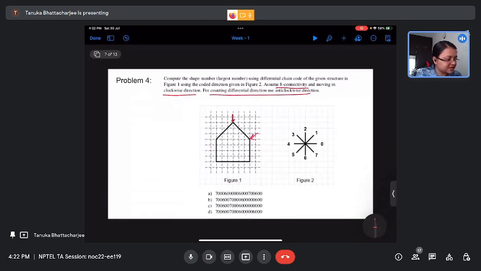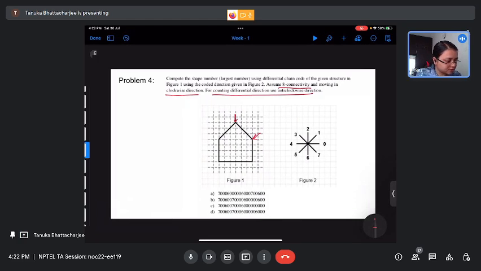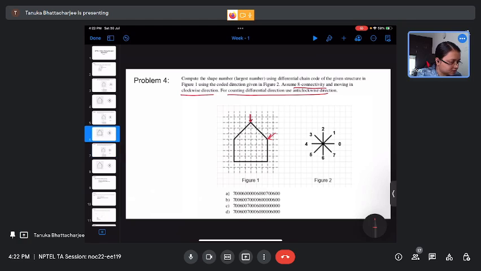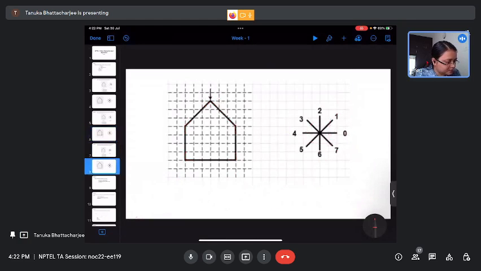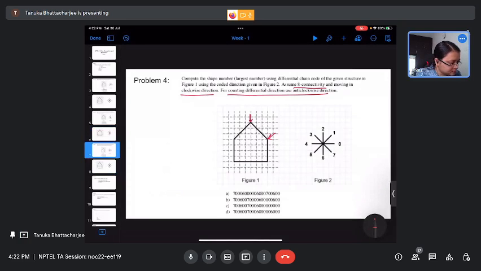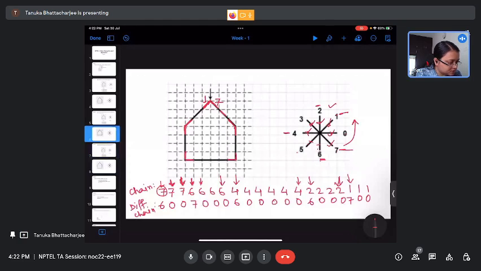So we already have the differential chain code. Let me get it back. So 600, 700, 7000.